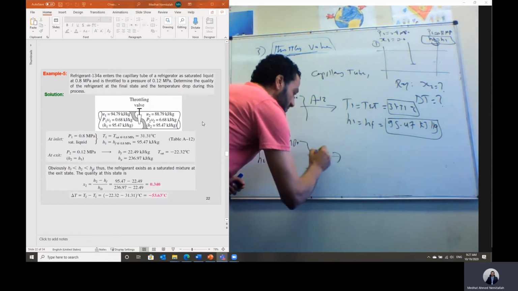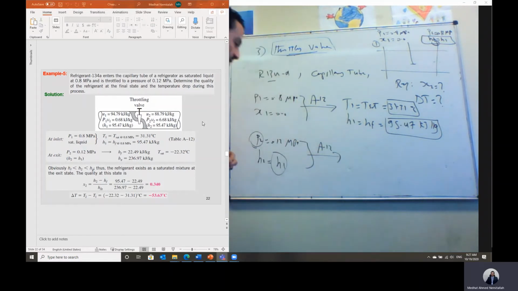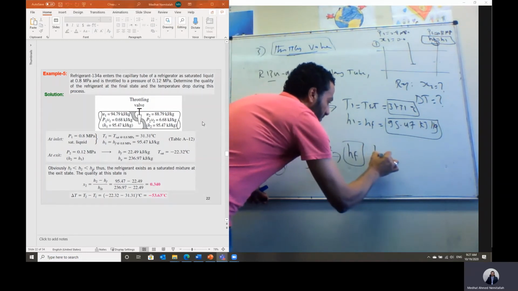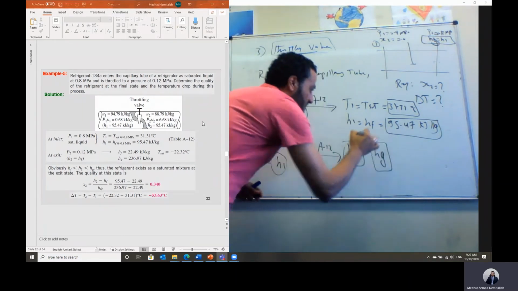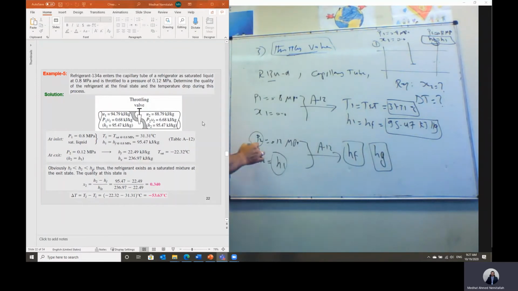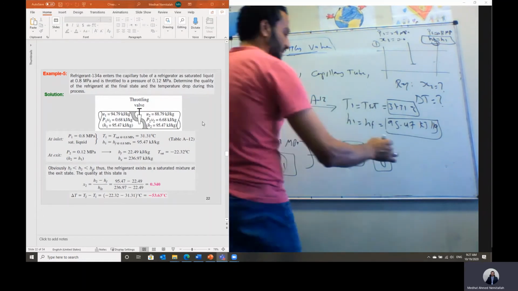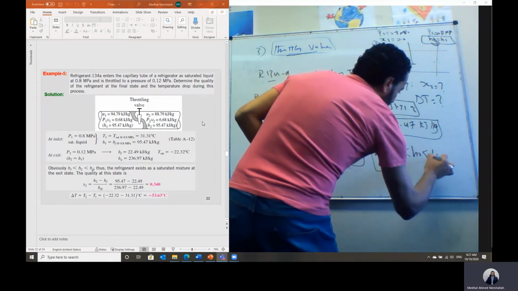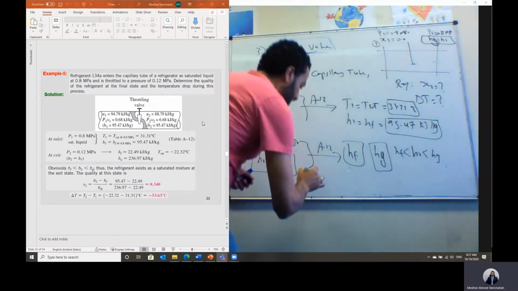I will take this pressure for the refrigerant, go to table A12, and get the values of H fluid and H gas, and compare them with the value we just calculated. In this case, you will find H2 is greater than H fluid and less than H gas.